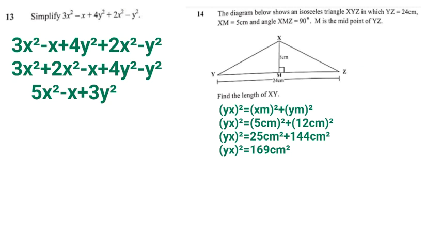Then here we are going to find the square root of these terms, which is YX squared and 169 centimeters squared. So the square root of YX squared is YX, which is equal to the square root of 169 centimeters squared, which is 13 centimeters. So 13 centimeters is the length of XY. Okay, let's go to the next question.